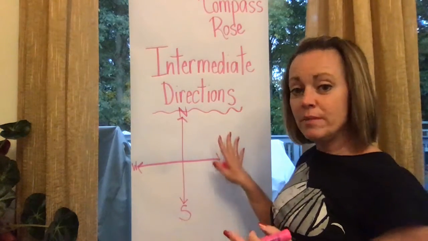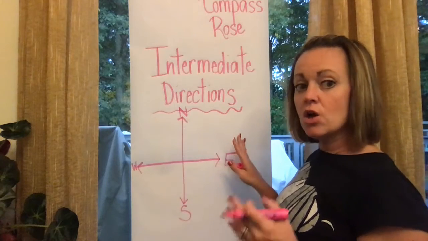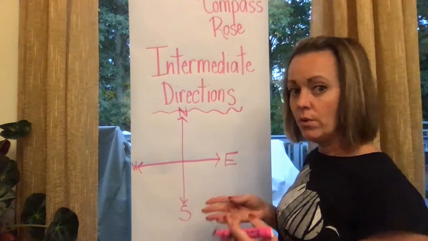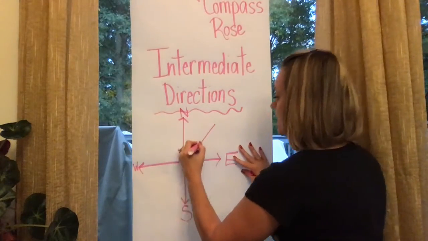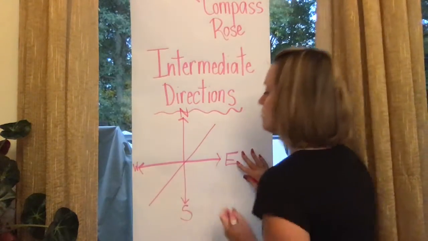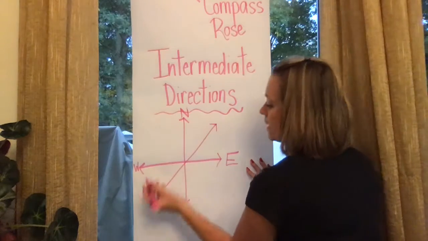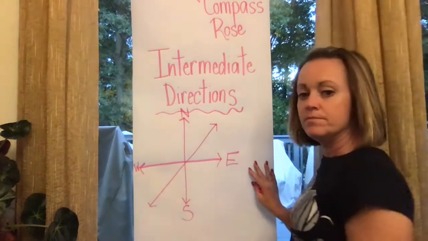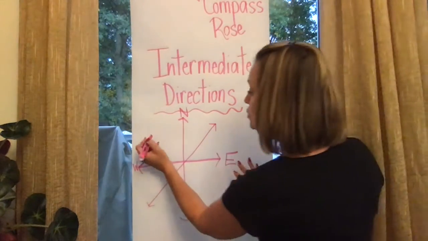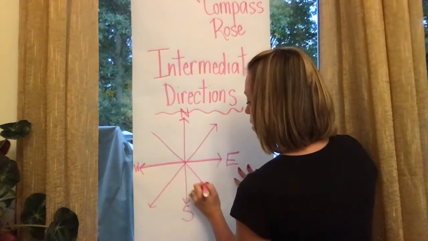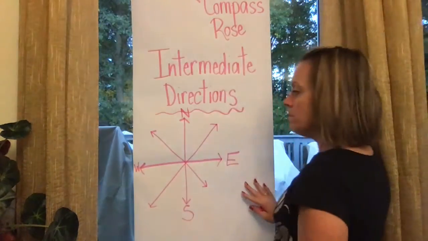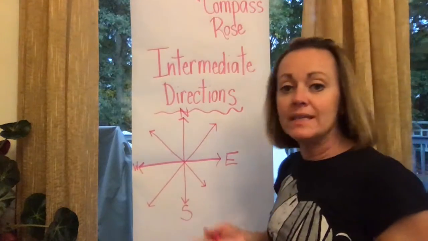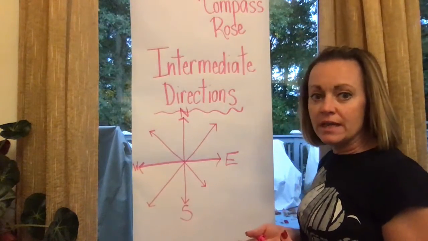Now, the intermediate directions are going to go in the middle, okay? So in between these two lines, we're just going to make another line that's going to go straight through the middle and put our little arrows at the end, okay? We'll do the same thing on the other side, okay? So now we're going to get to exactly what our intermediate directions are.